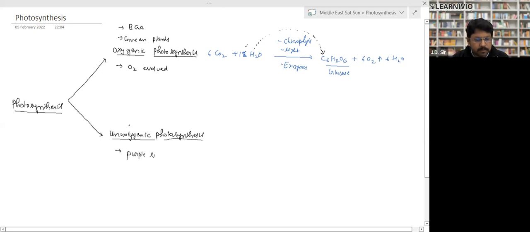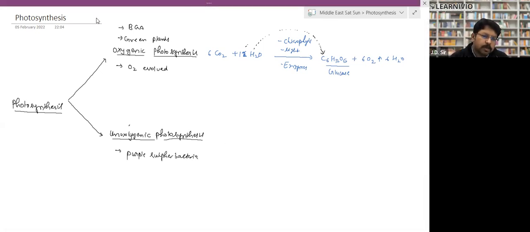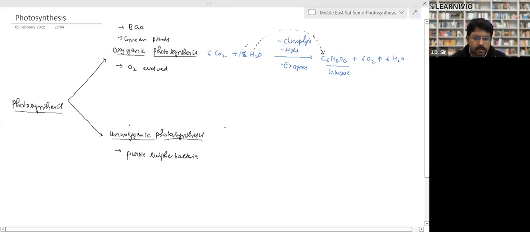Purple sulfur bacteria are autotrophs. In purple sulfur bacteria, which are the best example, 6CO2 is utilized. In place of water, the hydrogen donor is hydrogen sulfide, H2S.